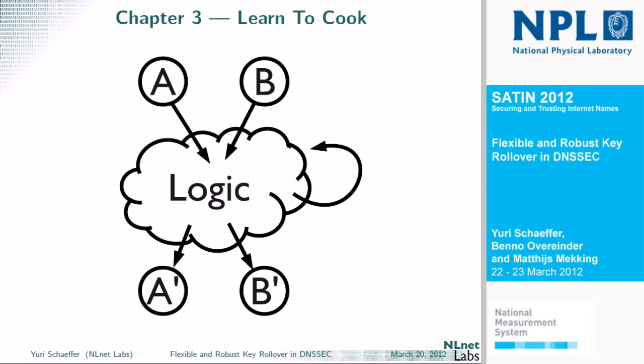I hope to find some logic that, when applied to it, the states of A and B get closer to my target states. And if I keep applying it, eventually they will get there.